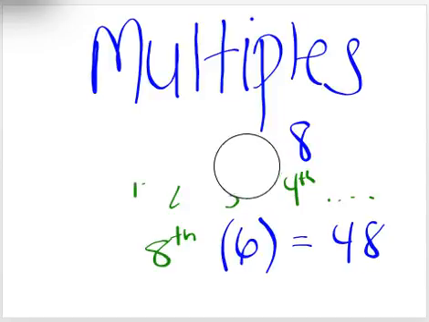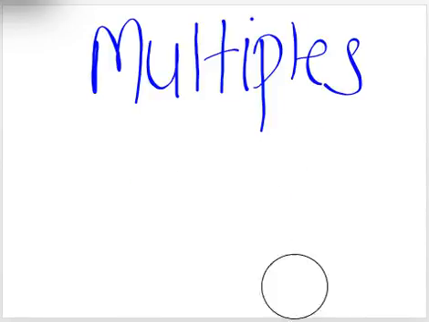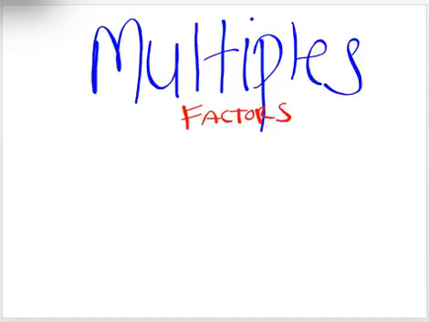Not to be confused with what we've been studying for the last week or so. We've been talking a lot about factors. If you remember, we wrote factors really tiny under multiples because there is a relationship between multiples and factors, but factors are quite a bit smaller than multiples are.